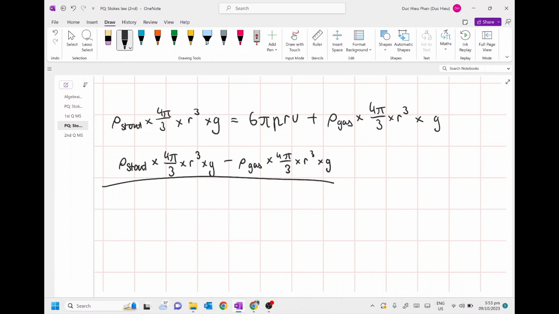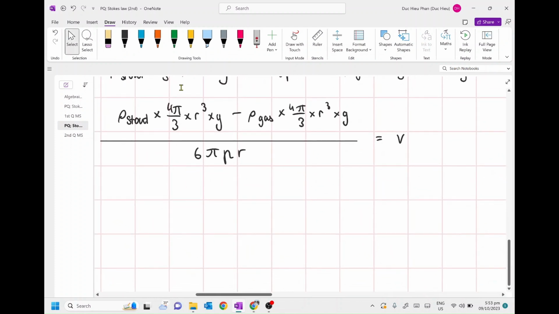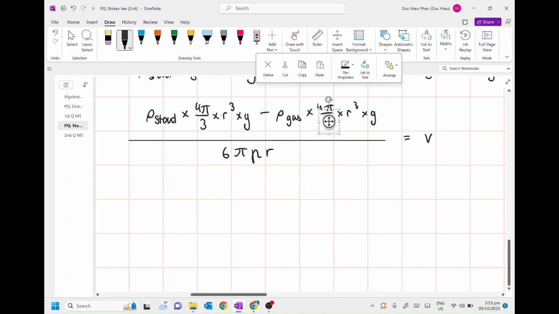And over 6 pi. Okay. So if you look on the top here, we can see that it's factorizable because we have the density of the stout minus the density of the gas, and that's all times the volume of the bubble times gravity. So in other words, we can write it like this.